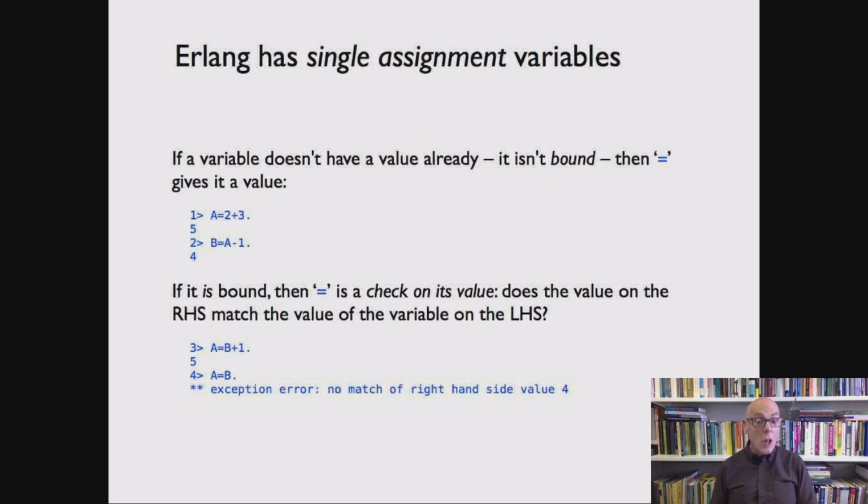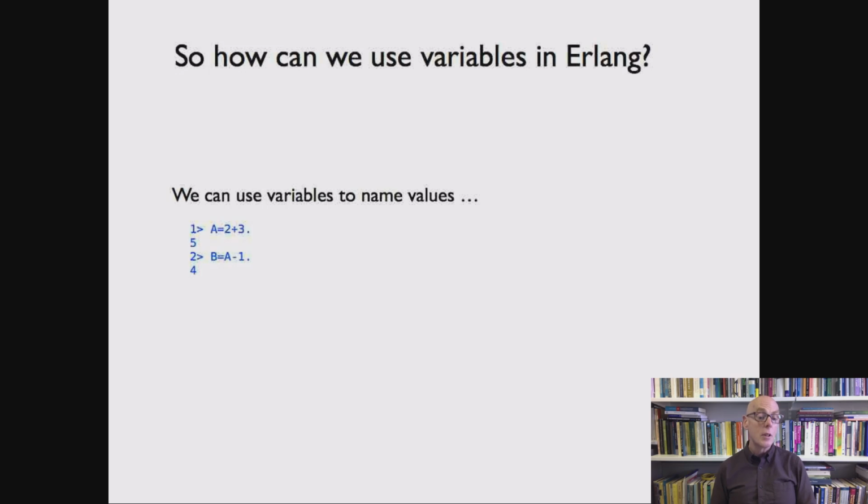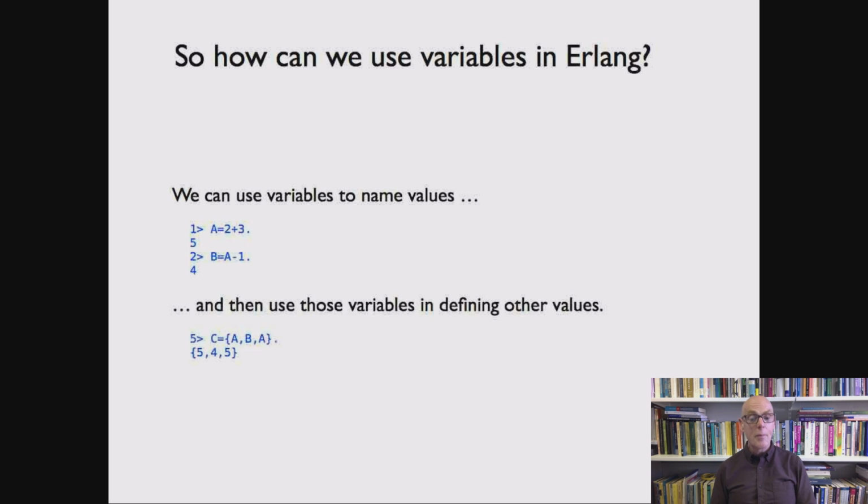So these variables are really not varying. What they are is names of values. So we use them to name values. So in this example here, we've named 2 plus 3 to be a, we've named a minus 1 to be b, and then we can use them in defining others. So here we're defining c to be the triple a, and so c is the triple 5, 4, 5.